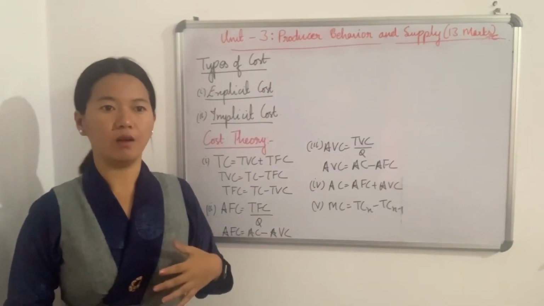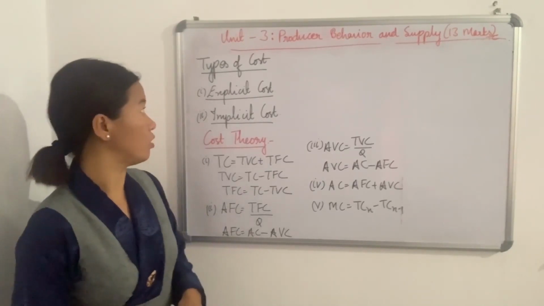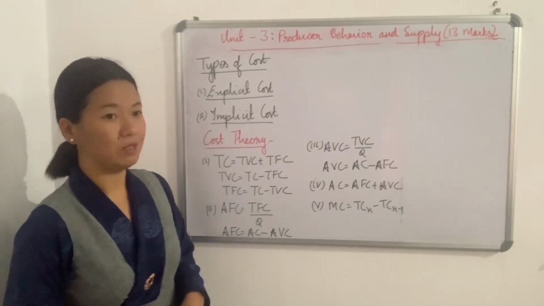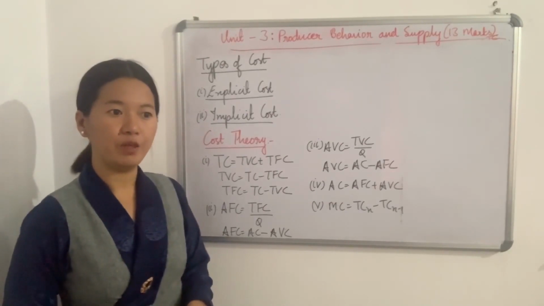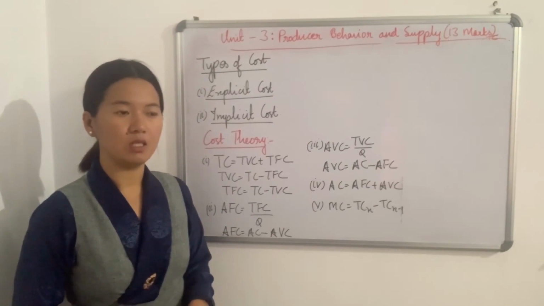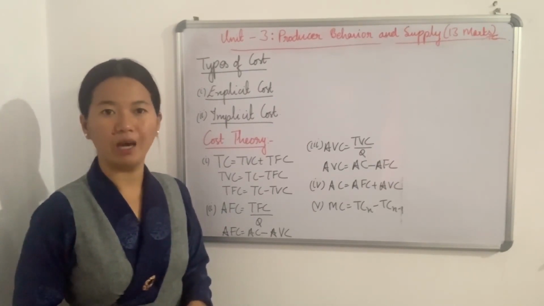Apart from the types of cost which we learned, we also have two other types of cost, that is explicit cost and implicit cost. The explicit cost is the cost incurred on the inputs hired from the market, or the cost incurred on the inputs from outsiders.